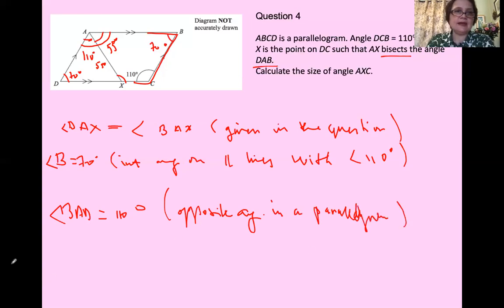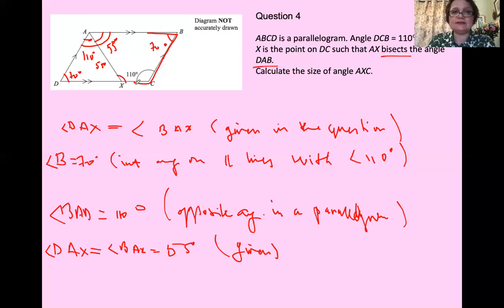And so angle DAX equals angle, as we said here, BAX equals 55 degrees. And in brackets, say given. So this angle is 55.